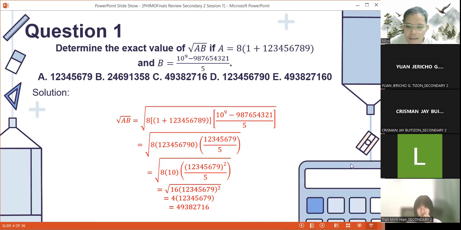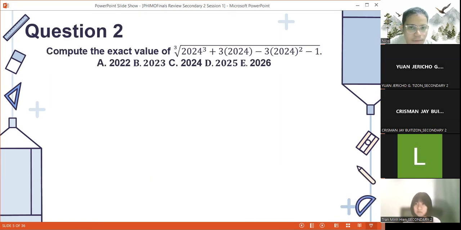Okay, let's have the next question. Compute the exact value of this one. If you want this to be simplified, we want A minus B, quantity cubed, and then get the cube root of it, because this one here is a cube root.